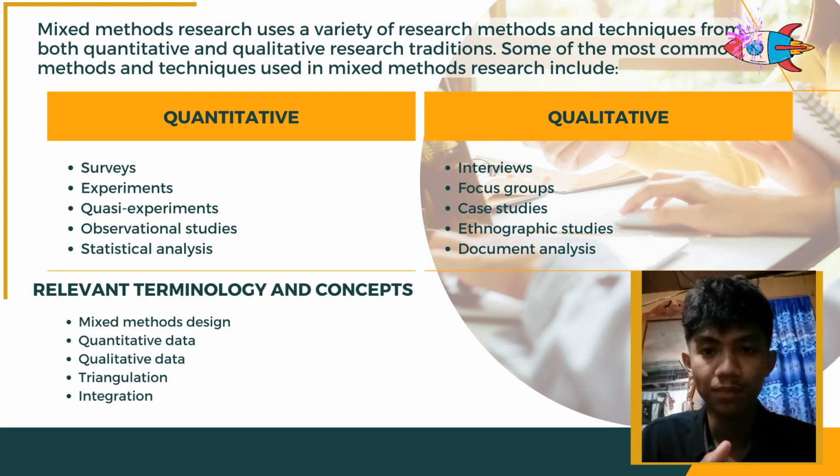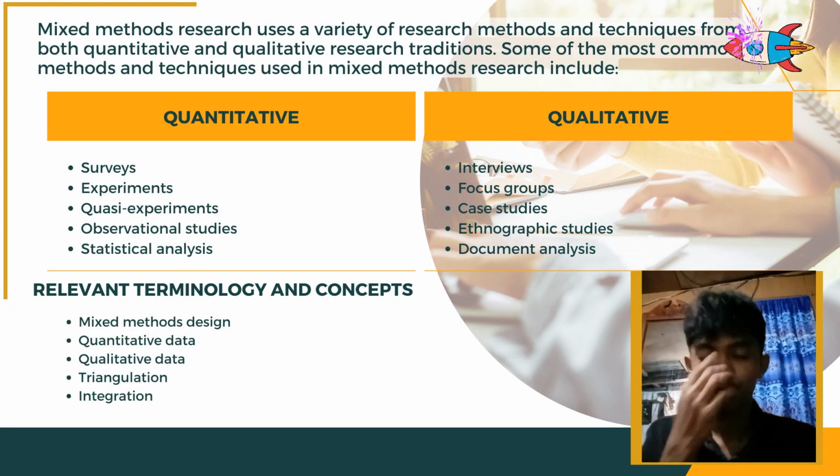For example, a researcher might use a convergent parallel mixed methods design to study the factors that contribute to student success in an online learning course. The researcher might collect quantitative data on student grades, course completion rates, and time spent on assignments. They might also collect qualitative data through student interviews and focus groups to learn about student experiences and perspectives on the course.